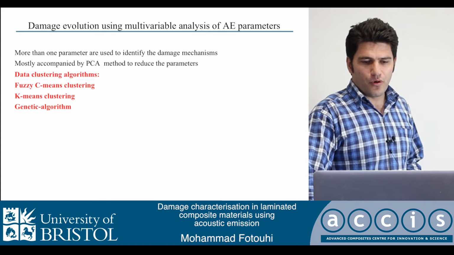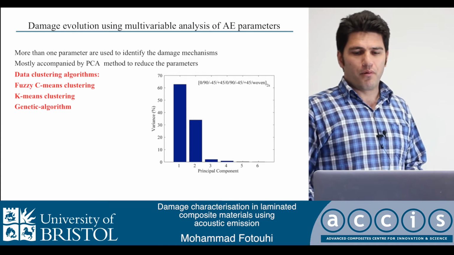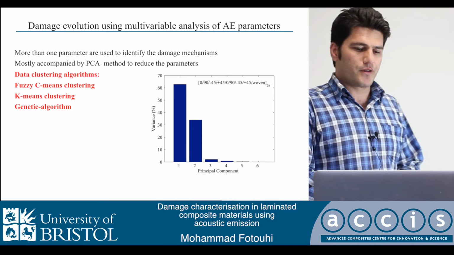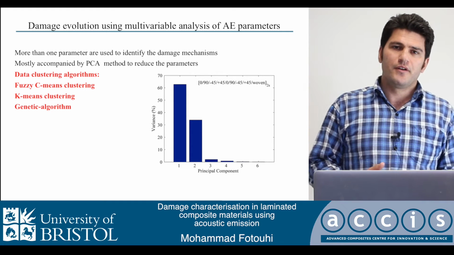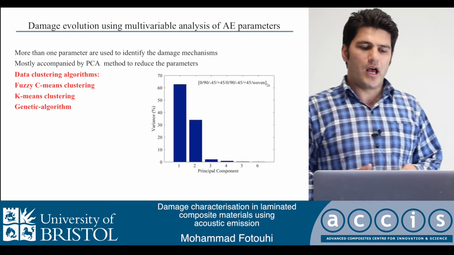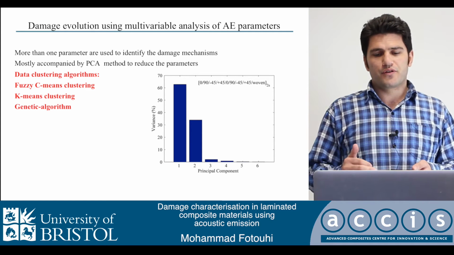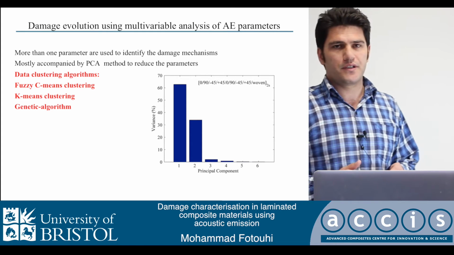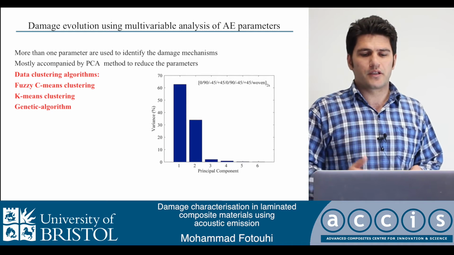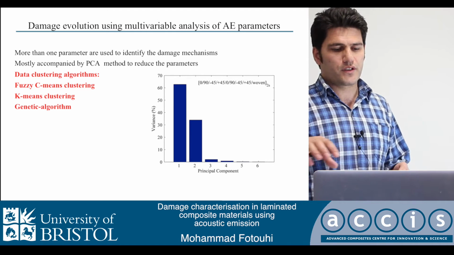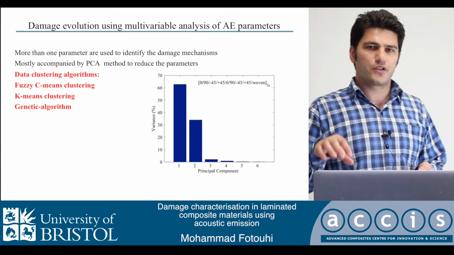We also used some multivariable analysis of AE parameters like fuzzy C-means clustering and genetic algorithm, and we used most of these techniques with PCA, principal component analysis. PCA is a method that helps us find the most effective parameters in acoustic emission.